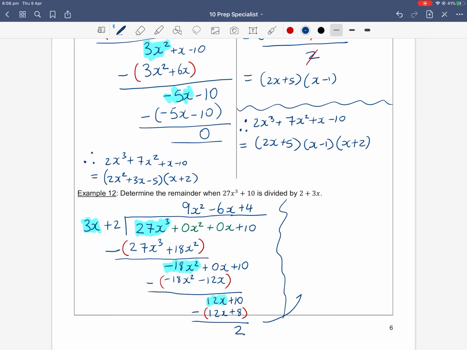So this tells us that therefore the remainder when we divide 27x cubed plus 10 by 2 plus 3x, the remainder is 2, because when I subtract, it's 2 remaining.